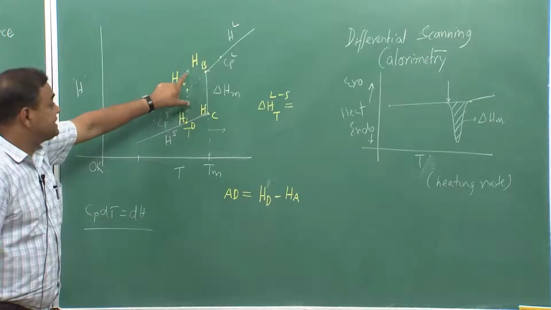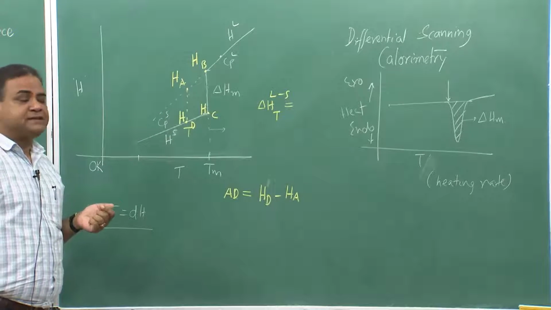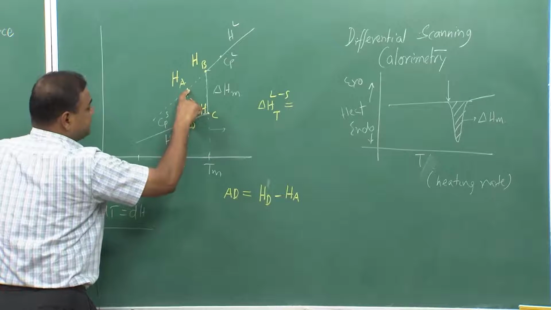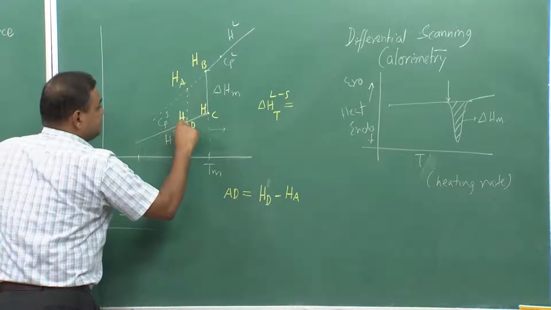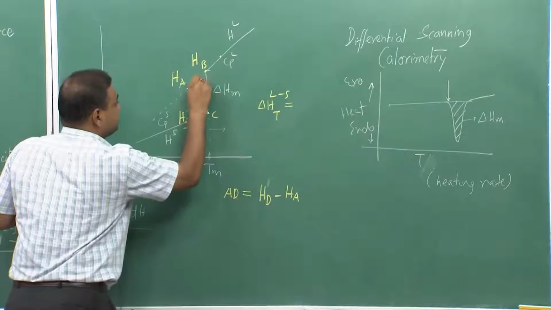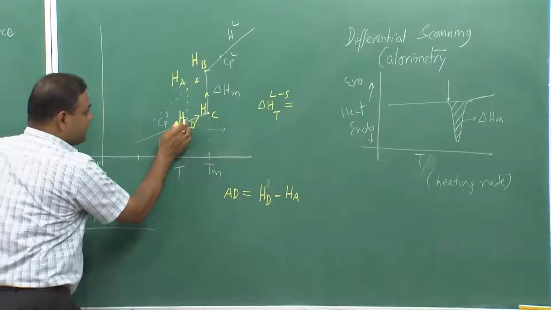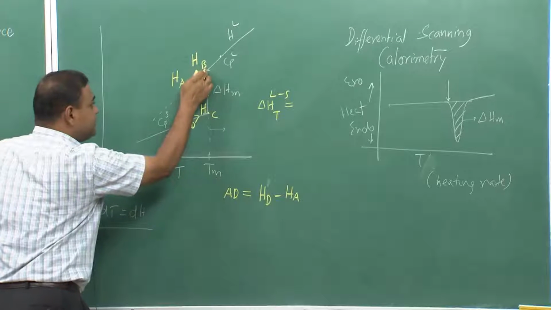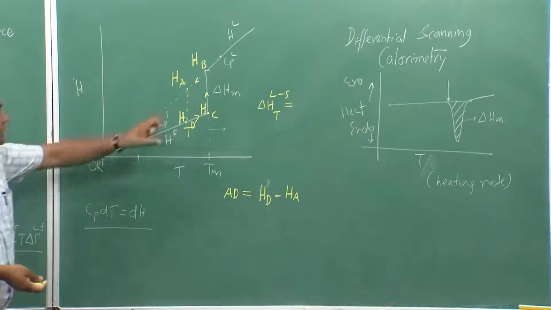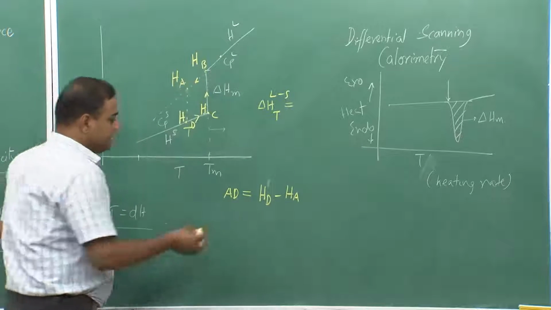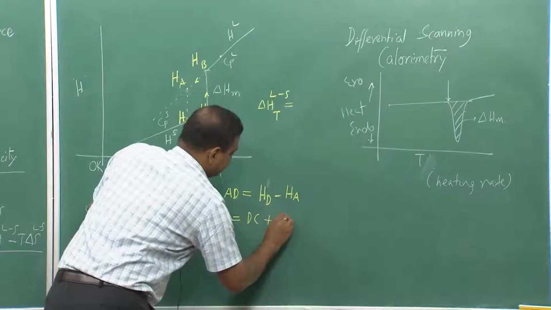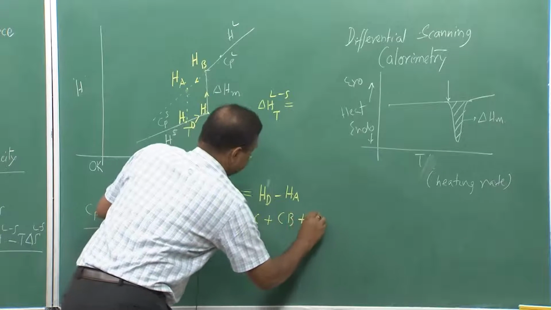When I try to find out HD minus HA, I am taking this path. But since state functions are path independent, I can also get this difference if I start moving this way. So, if I go from here to there, from there to there, and then from B to A, I see the difference, and it will give me the same difference. So, if I do this particular route, it would be DC plus CB plus BA.